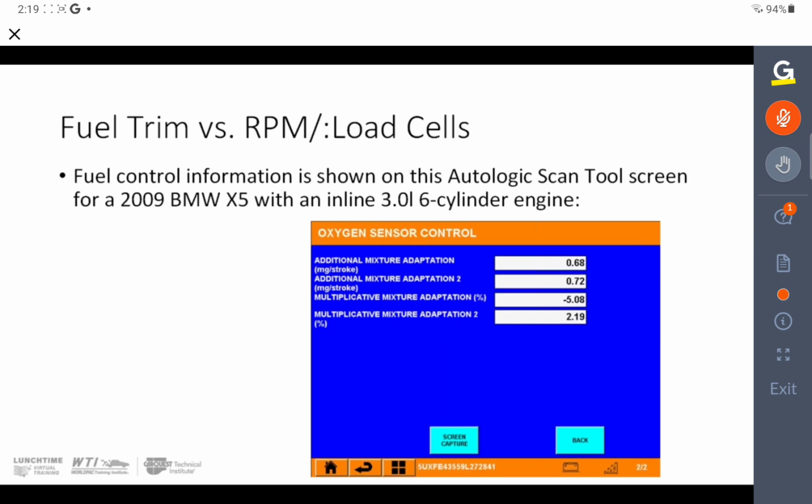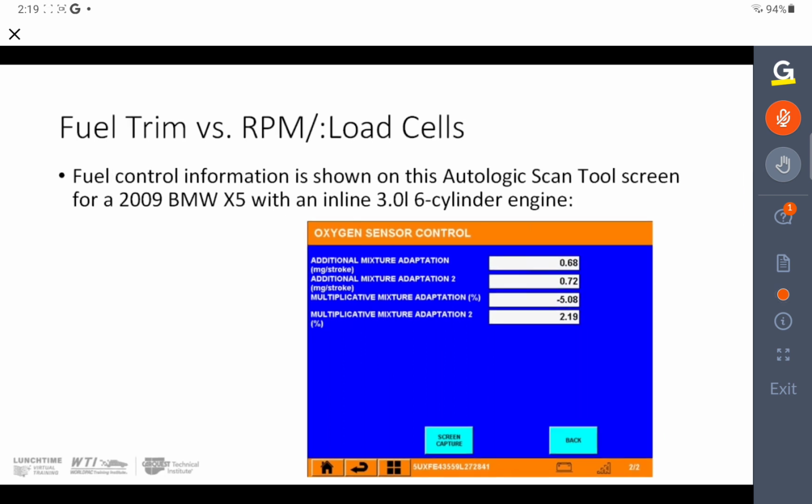So the additional mixture adaptation is basically cylinders 1, 2, and 3, and the additional mixture adaptation 2 is for cylinders 4, 5, and 6. And then we have our grouped adaptation, again, cylinders 1, 2, and 3, and then our grouped adaptation 2, which is cylinders 4, 5, and 6. So I'm just trying to show you on this chart that even though it's an inline 6, we still may have grouped cylinders that they're using to control fuel mixture.